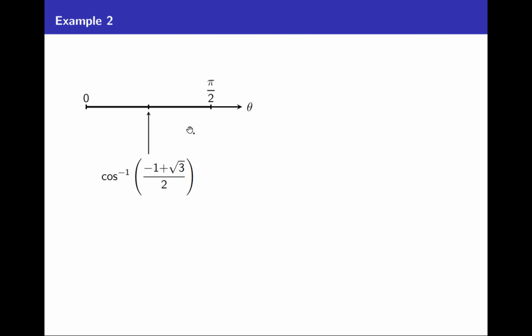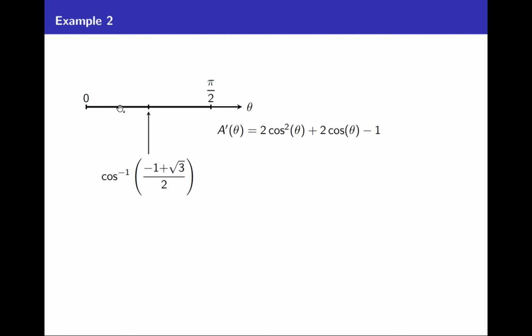So we want to look at the sign of our function A prime of theta on either side of that critical point. Remember from the previous slide, A prime of theta was 2 cosine squared theta plus 2 cosine theta minus 1.